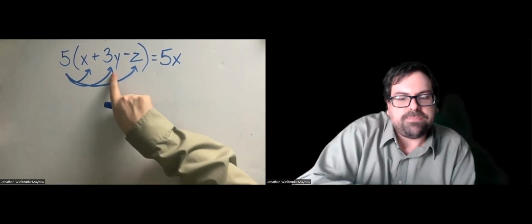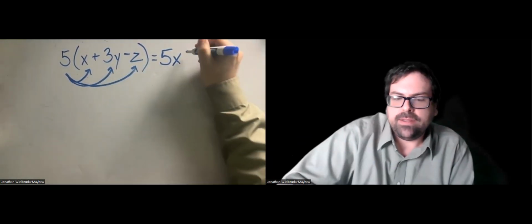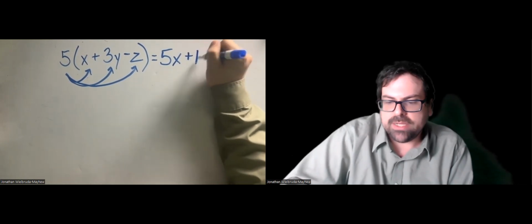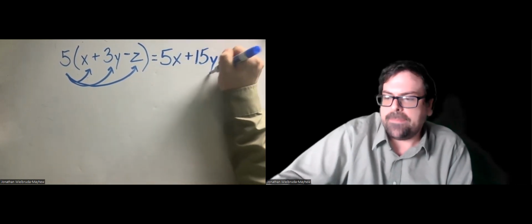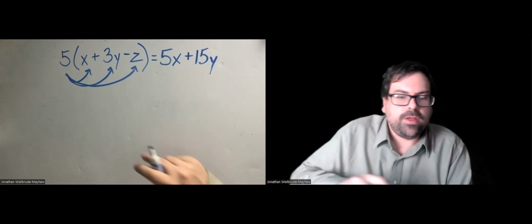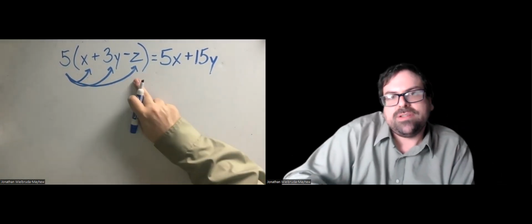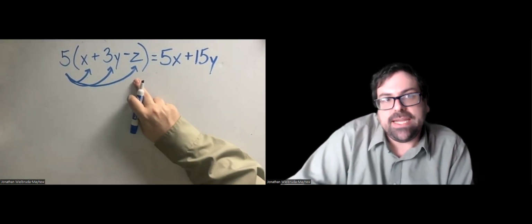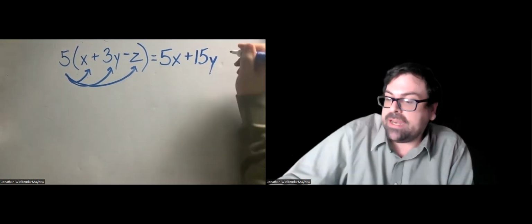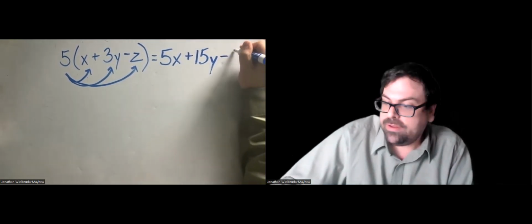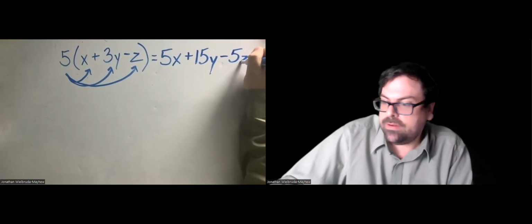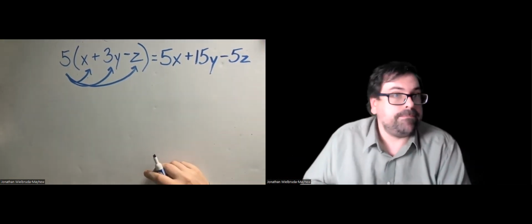Positive 5 times positive 3y gives us positive 15y. Positive 5 times negative z, positive times negative is negative 5z.